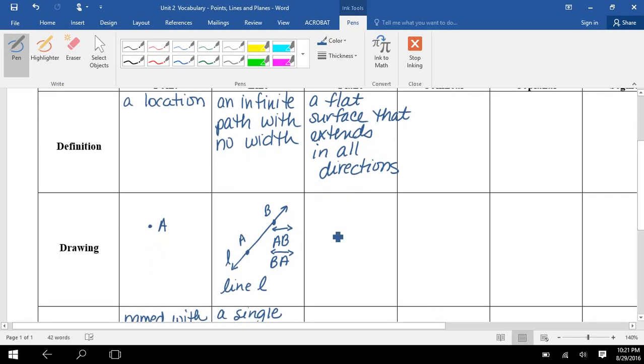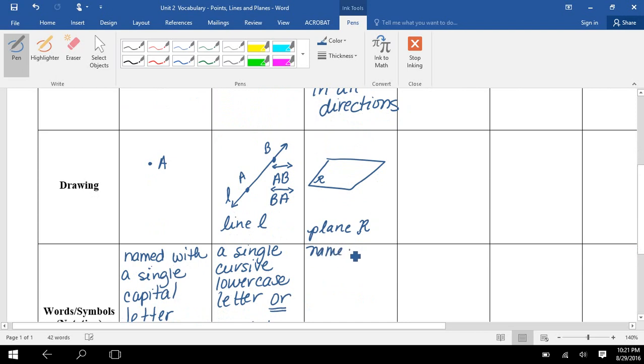So a plane, you usually see drawn like something like this to kind of give it a 3D look. A plane can be named with an uppercase cursive letter. Okay, so this could be plane R, because it's sort of cursive looking.